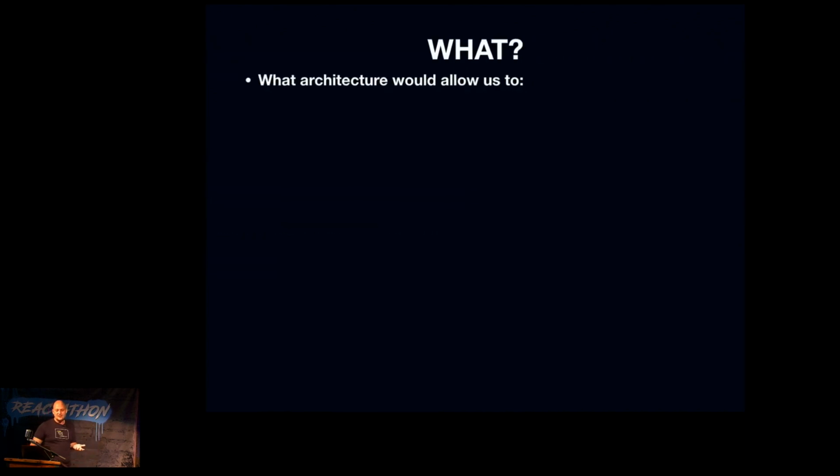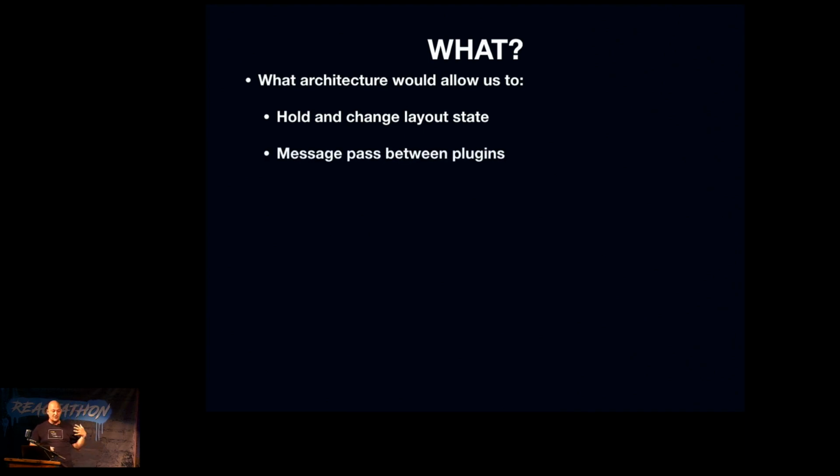So what architecture would allow us to do this? What architecture would allow us to hold and change layout state in memory? What architecture allows us to do message passing between plugins? Connect components to state and side effects?